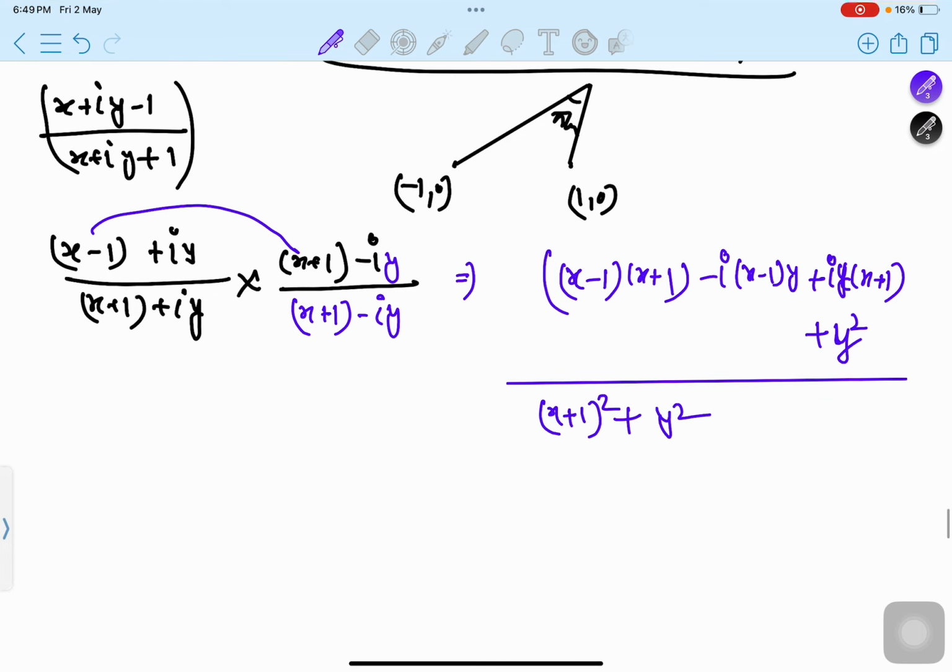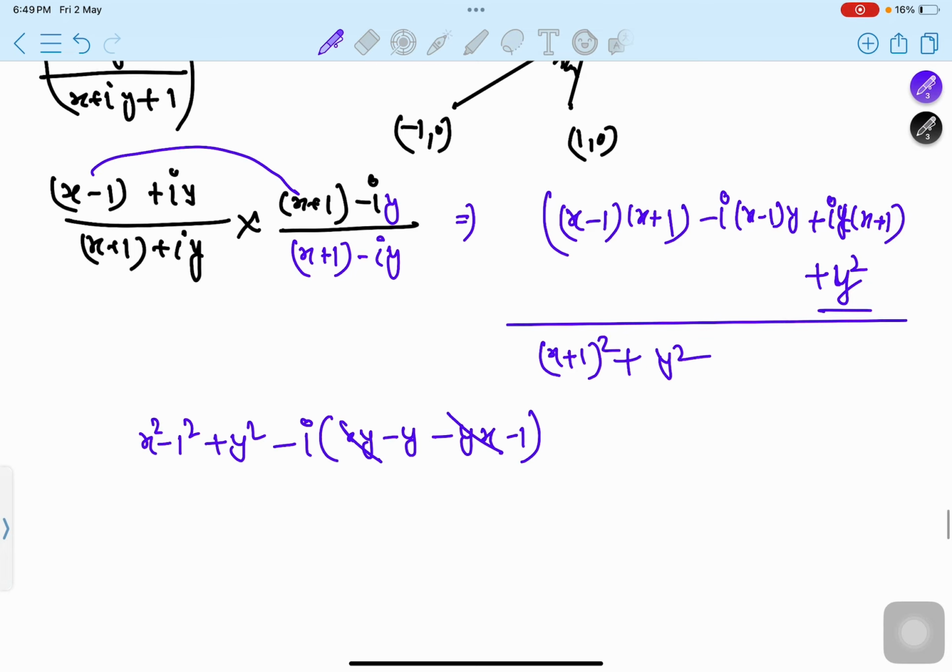Okay, so you can solve that. The real part is x square minus 1 plus y square, and the imaginary part is xy minus y minus yx minus y, so the xy terms cancel out, leaving only y plus 1, divided by (x plus 1) whole square plus y square.